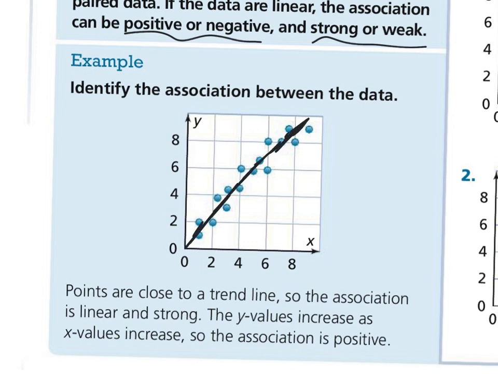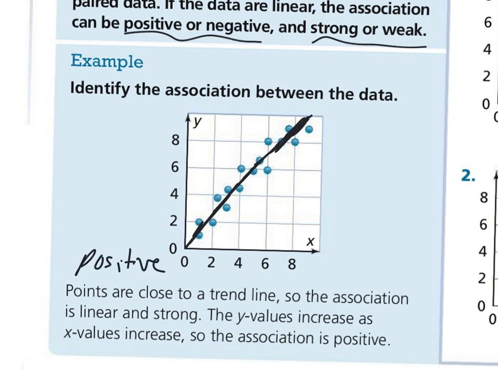Again, drawing a trend line, if some of the points are on the line and about half of the others are above the line and half the others below the line, that is a good trend line. So this one definitely would be positive.